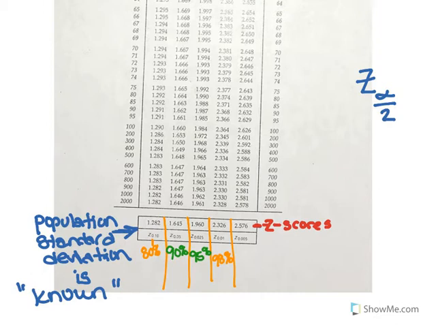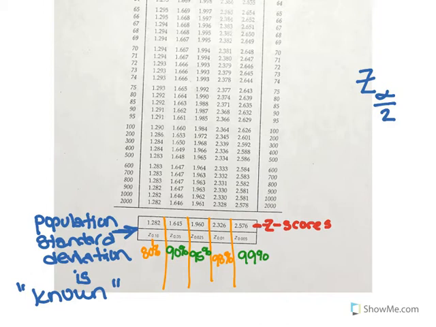And 2.576, the last one, represents 99%. So in green, I labeled the percents that we use all the time. We really don't use the 80% or the 98%. We will use 90, 95, and 99 a lot. So I have those labeled for you.